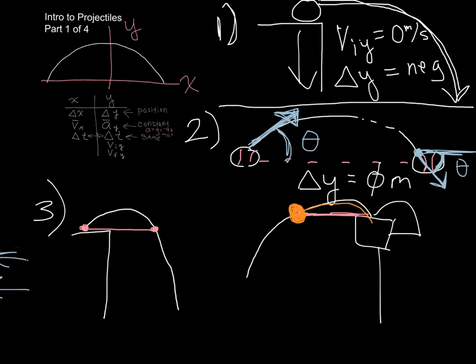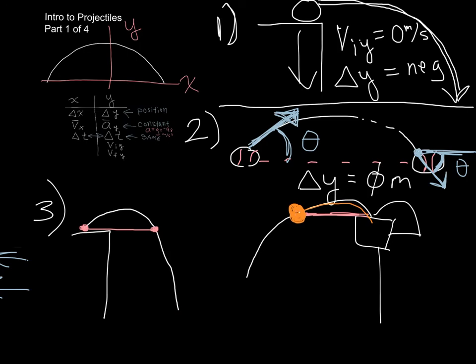So the most important thing to think about here is that our change in position is still just going to be whatever this height is, because for this up and down part, the change in position is 0, so the total change in position is just from here to here, or here to here, vertically. Horizontally, it would be from here all the way out here, so it's a little bit different there.